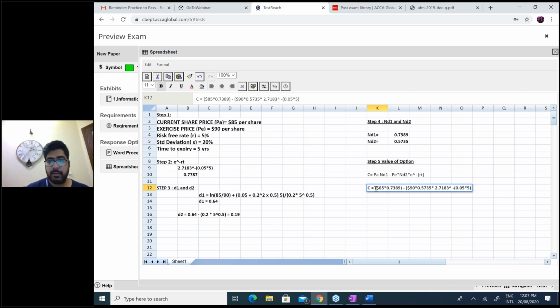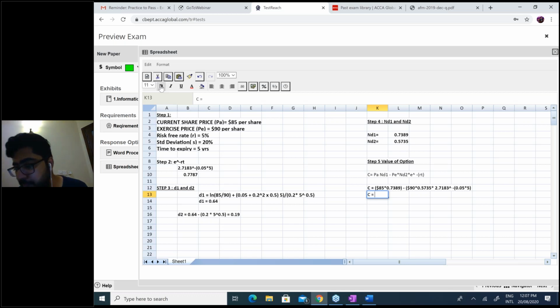You get the call option value through the Black-Scholes model. This is coming to 22.48.